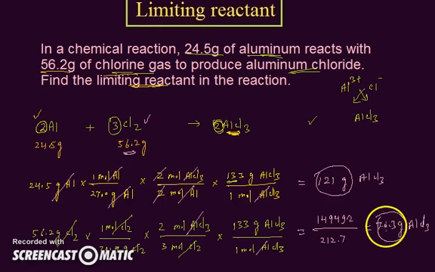Here you can see that 70.3 is smaller than 121. Since chlorine gas is producing less amount of aluminum chloride, that's why chlorine gas is the limiting reactant in the reaction.